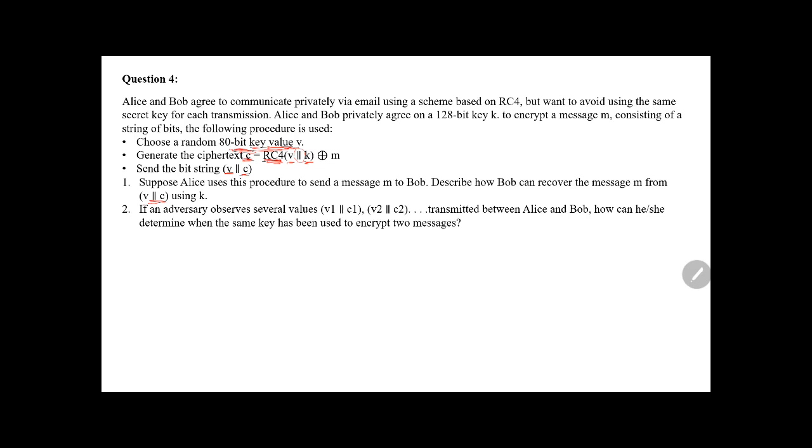So he can just take the first 80 bits and use them as the V, and take the rest of the message, and this will be his C. So now he knows how to get his V and C.